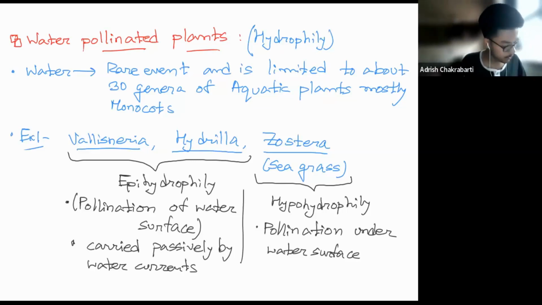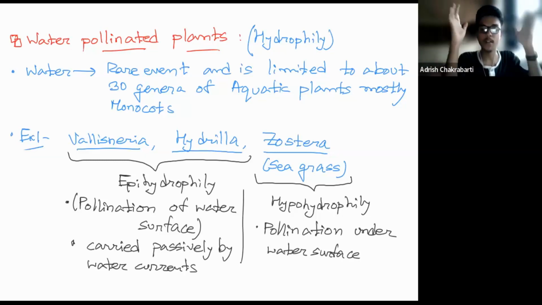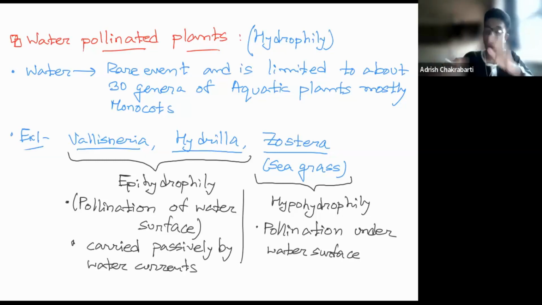The pollen grains in many such species are long and ribbon-like, and they are carried passively inside the water. So in both cases, the pollen grains are carried passively, with no ATP and no direct energy usage.